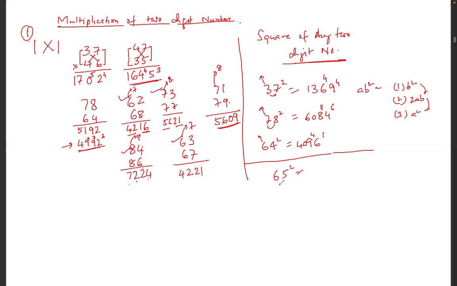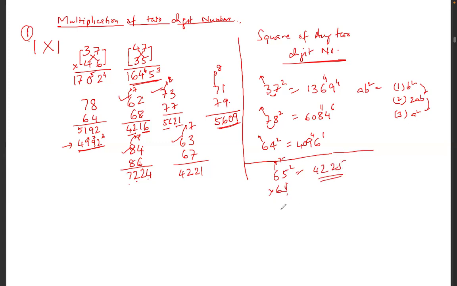So the same concept which we used here, we can apply here also. Okay. So 6 into the next digit, 7. 6 sevens are 42. And then 5 square, 25.